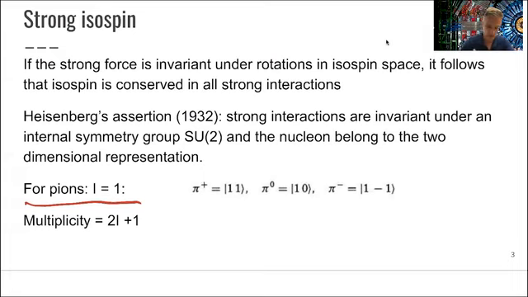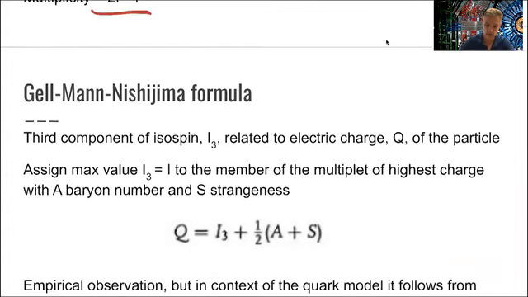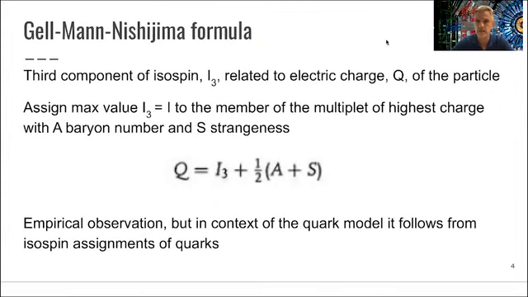In general, you can conclude that the multiplicity of your particles, as you see with the neutron, the proton, the pi plus, the pi 0, and the pi minus, is 2 times the isospin plus 1. Isospin equal to 1 means that there are 3 particles as part of the representation. So far, so good.